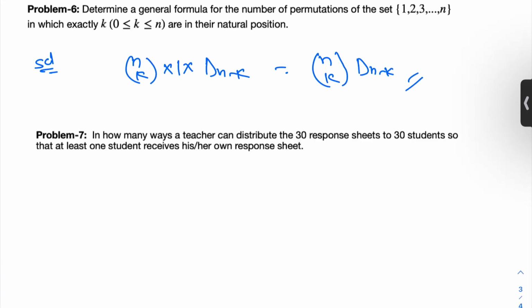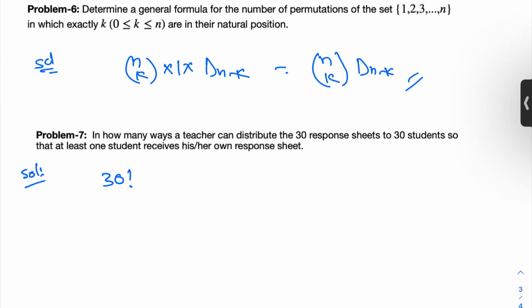Next, problem 7. In how many ways can a teacher distribute 30 response sheets to 30 students so that at least one student receives his or her own response sheet? Okay, I'm simply tweaking the problem that I discussed in the video. So first of all, the total distribution is going to be 30 factorial, because simply it is permutations of 30 objects, from which we are going to subtract the number of distributions in which no student receives their own response sheet.